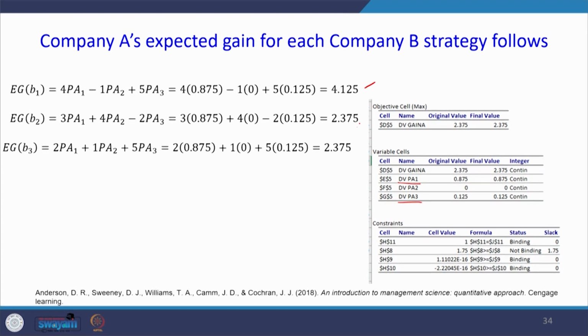The second one is 2.375, the third one is 2.375. We know that player B will try to minimize A's gain. So, player B will try to stick to B2 and B3, because that will minimize A's gain. But even though player B plays B2 or B3, the gain for player A is 2.375.